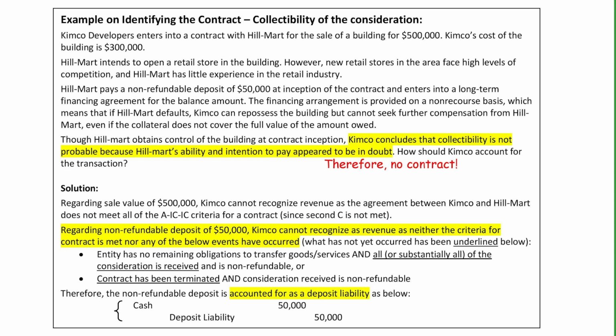So when either of the two events occur, that is when Kimco is going to be recognizing revenue. Until then, all the money received from Hillmart, starting with this $50,000 received right now, is recognized as a liability.